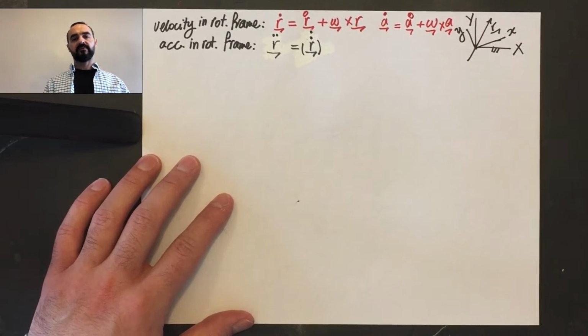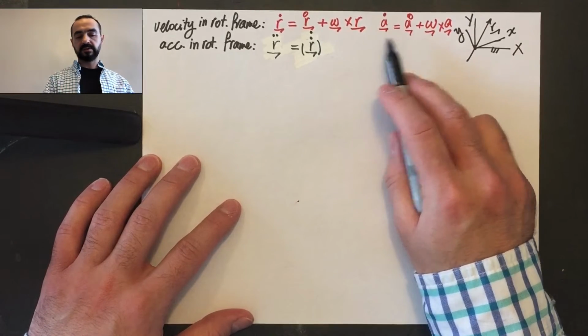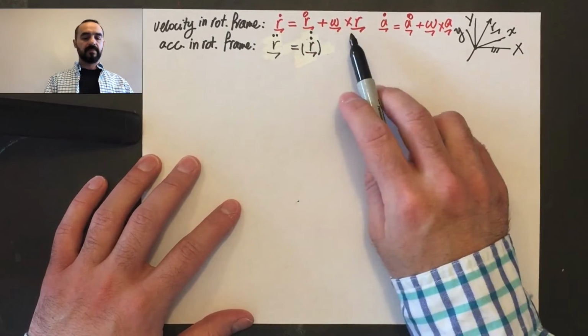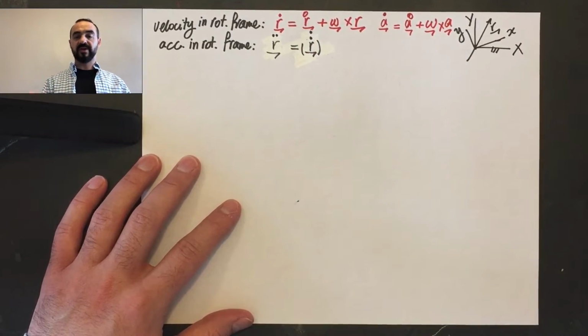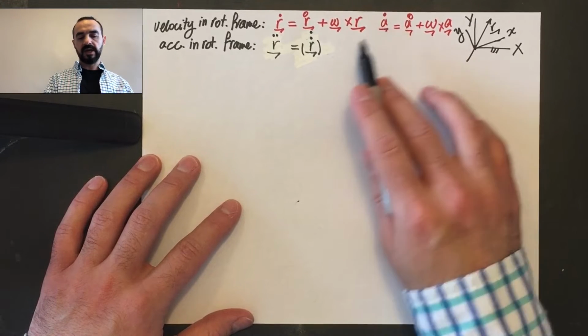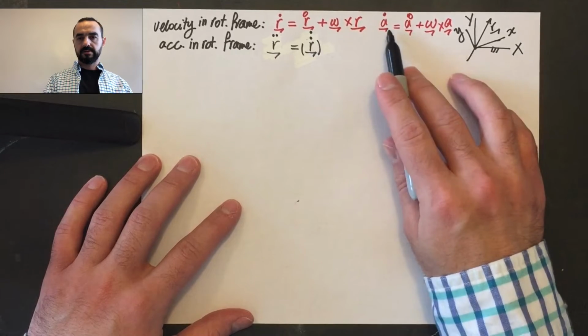We have already differentiated once and we differentiated again. Now, go back to what I have here. This is a relationship for any vector. Now, let's say I'm replacing my A with R dot.